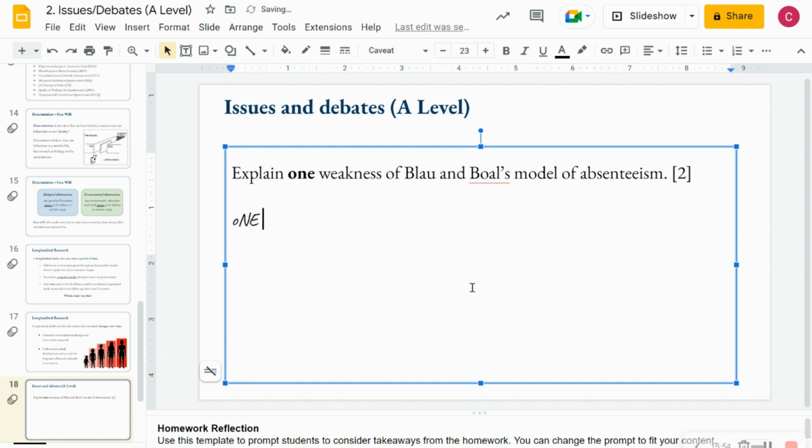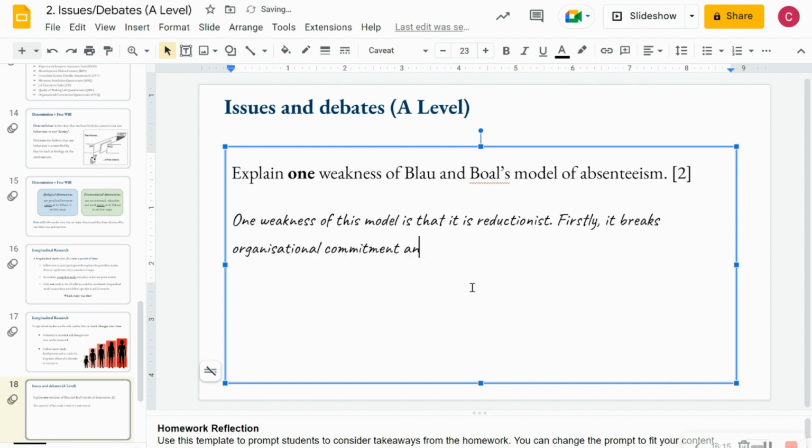You could argue that one weakness of this model is that it is reductionist in a few ways. Right, let's explain why it's reductionist first. Firstly, it breaks organizational commitment and job involvement into simply high or low categories.